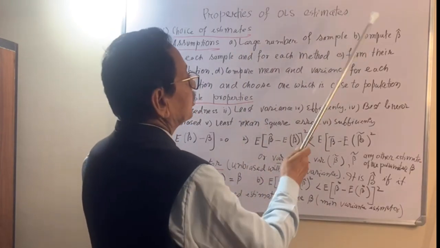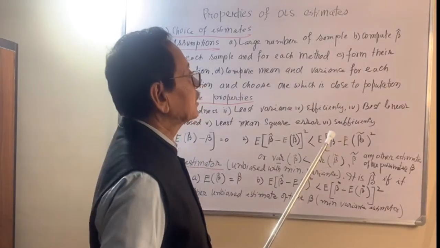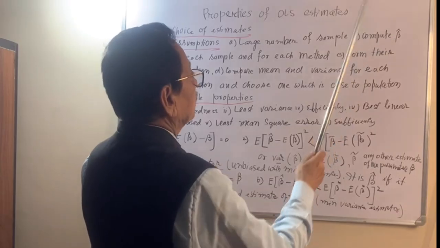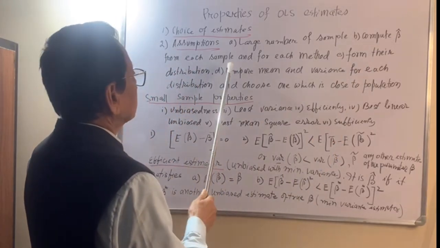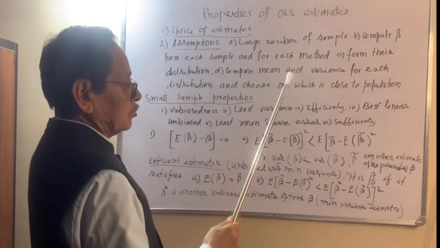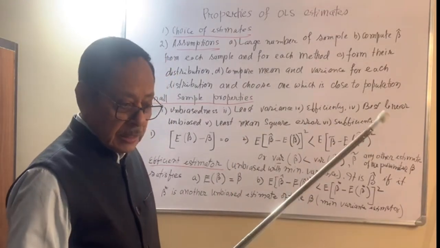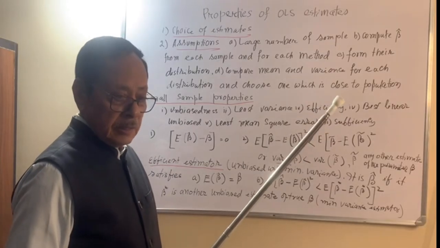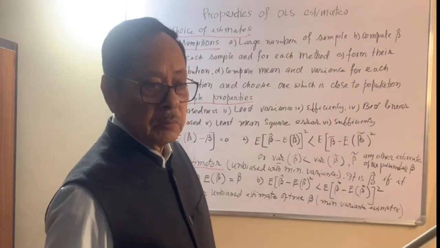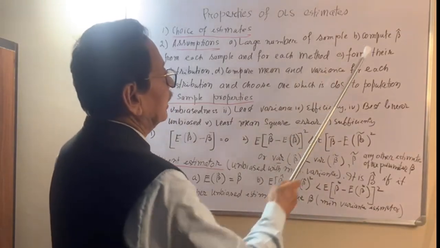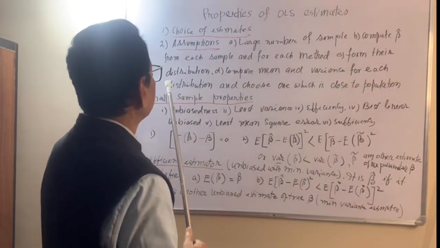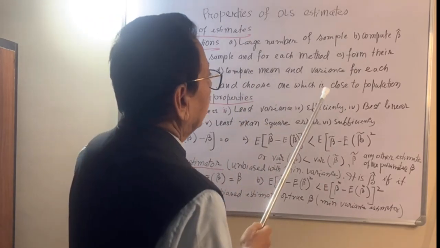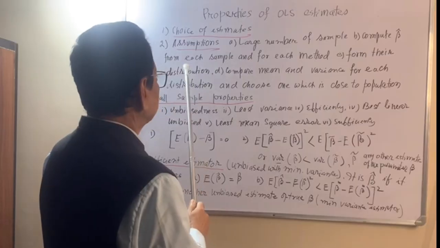Then we'll have to compute the estimates. This is the estimated beta from each sample. Suppose we have selected a set of samples, 1 to n1, then 1 to n2, and so on. We estimate beta from each sample and for each method, and form their distribution.